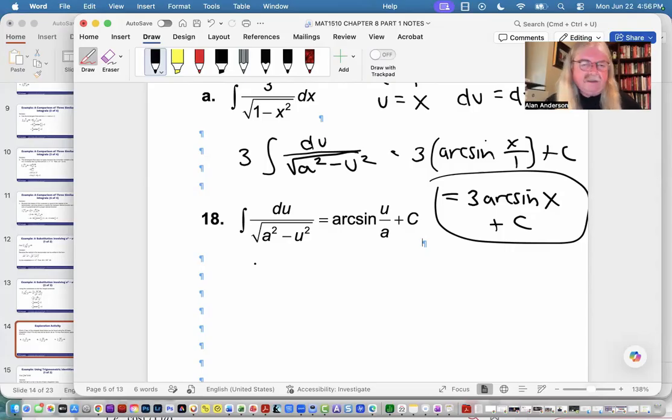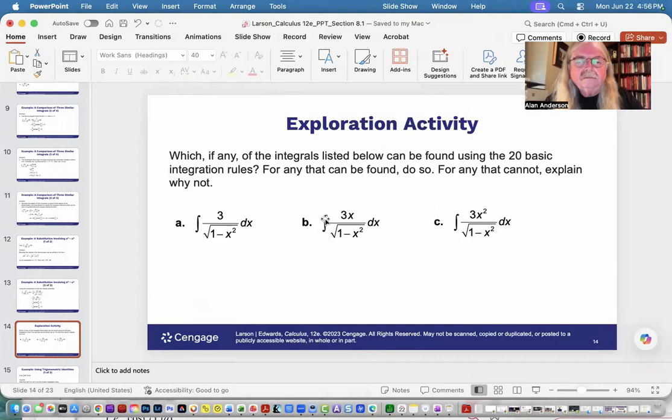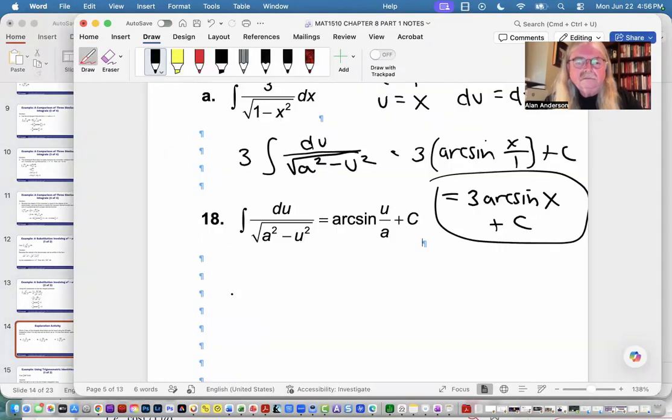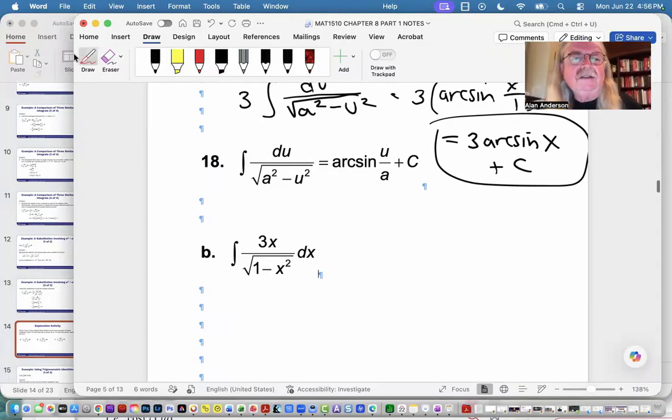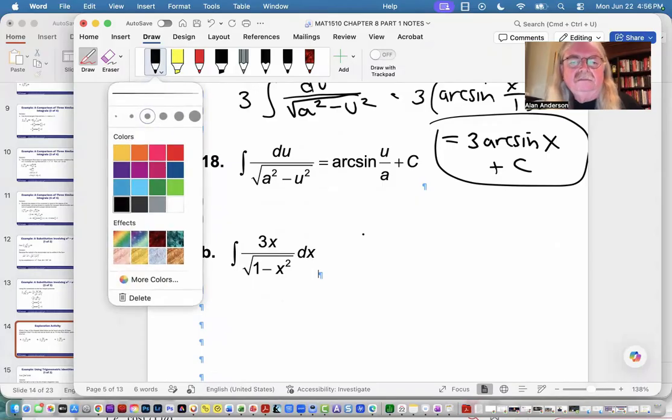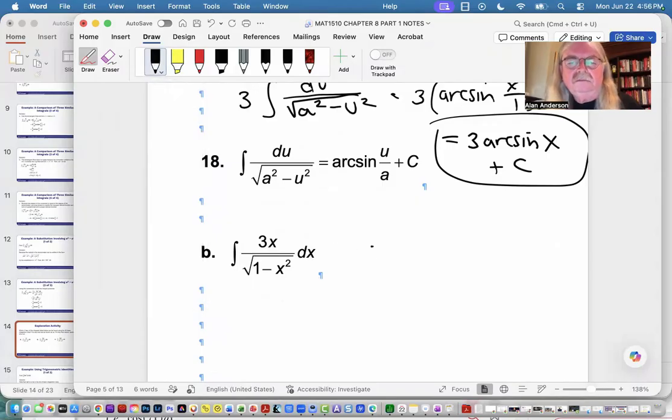Okay. So let's try this one. It kind of looks like another one we've already seen with U substitution, doesn't it? Yeah, it does. So look, watch this. And if we use that approach, we do have to make a change because we have a 3 here instead of a 2.